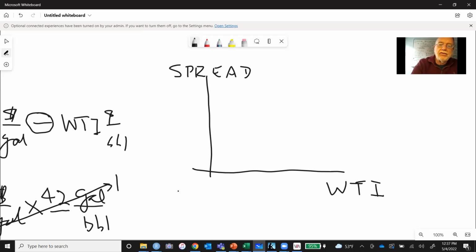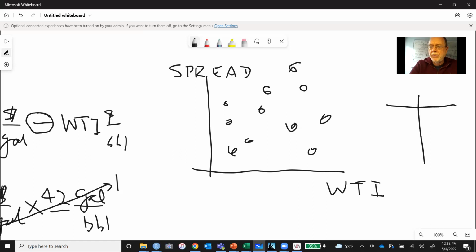So we might see, for example, a scatter plot, something we all have known at least since 6th grade. A scatter plot, those aren't sixes, those are just little badly drawn points. A scatter plot of spread versus WTI. Well, that would mean that we had a table over here of WTI prices and spreads.